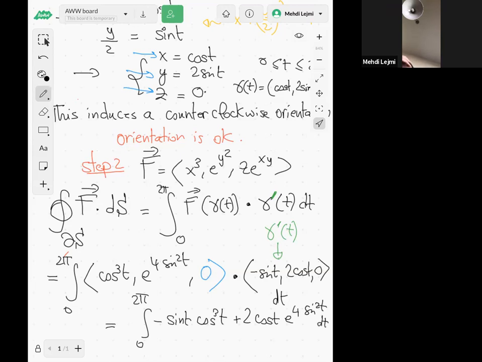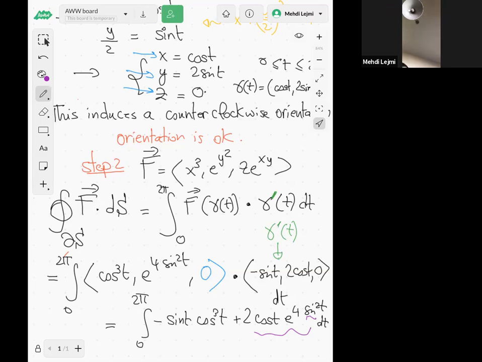So what's the problem with this second part of the integral? Well, this is sine squared. The derivative of sine squared is not just cosine, it's sine times cosine. So even if you use a substitution here, it won't work. You need more work to evaluate this integral.